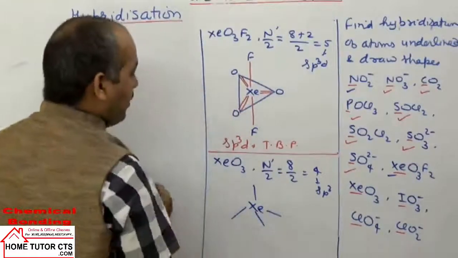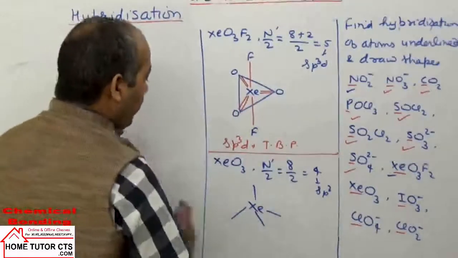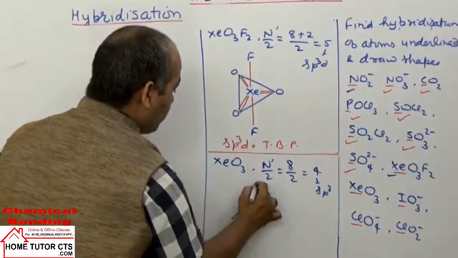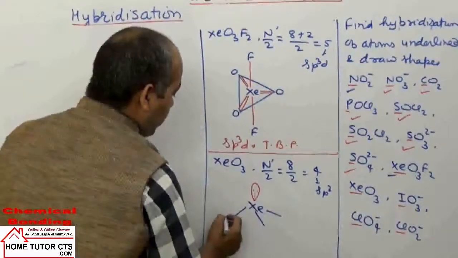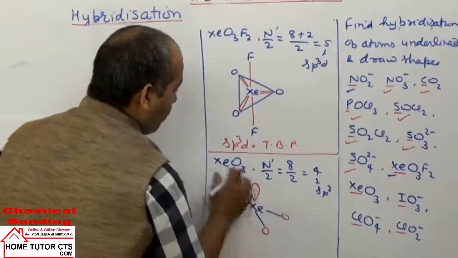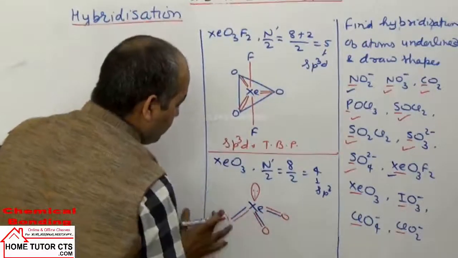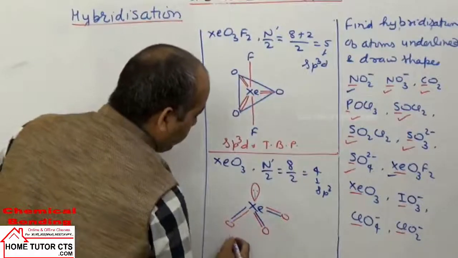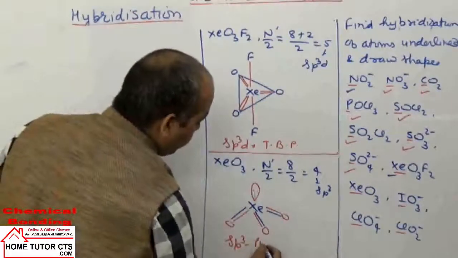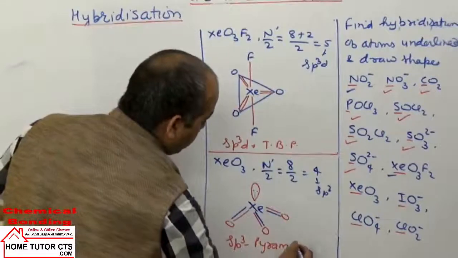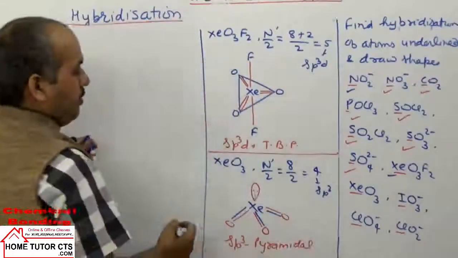Geometry is tetrahedral. Now it will have 1 lone pair, so make 1 lone pair and 3 oxygen. All 3 O without charge should have a double bond. Hybridization sp3, actual shape is pyramidal, like ammonia.